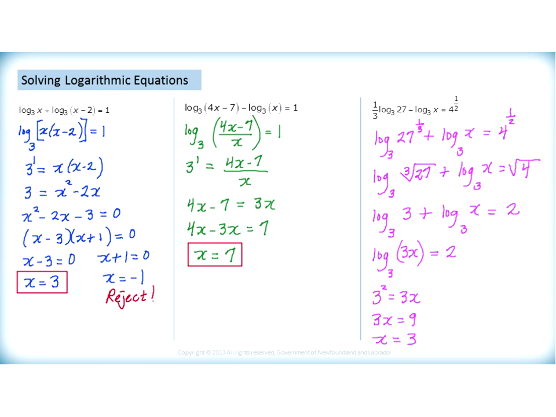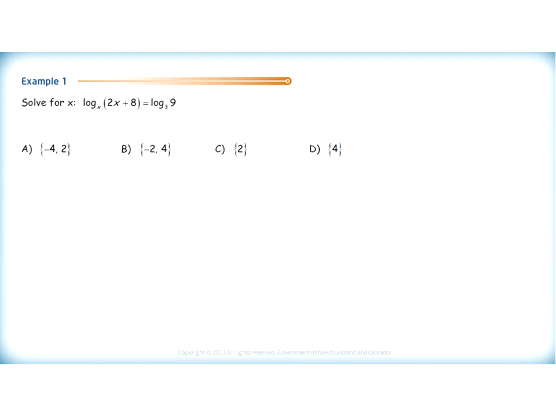Converting to exponential form, we have 3 squared is equal to 3x, so 3x is equal to 9, therefore x is equal to 3. Again, when you check for extraneous roots, we are allowed to take the log of 3, so that would not be an extraneous root, and x equals 3 is an acceptable solution.